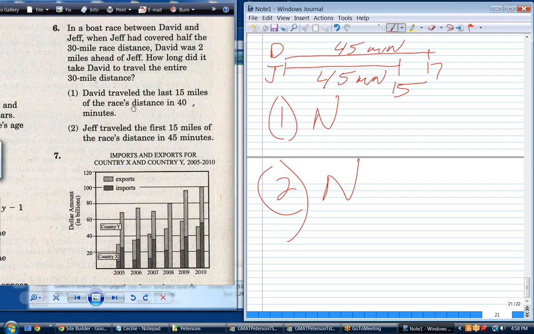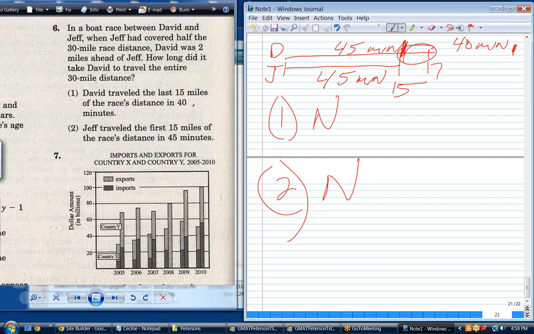David traveled the last 15 miles of the race in 40 minutes. But 2 of those miles are in the 17. Right, so from there to there is 40 minutes. So you would have to take... We don't know how long it took him to do these 2 miles right there.